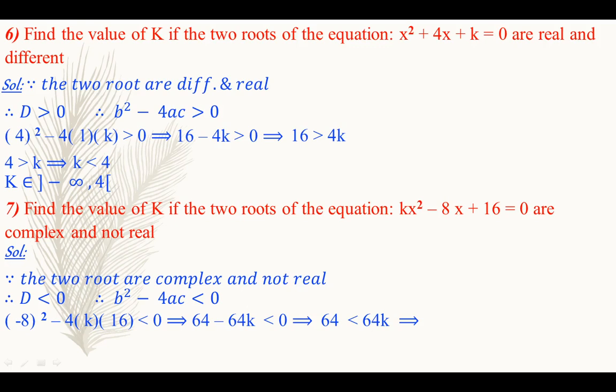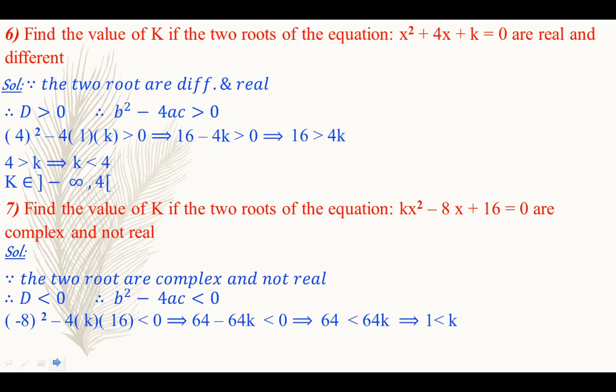Here we want to find the value of k, so we are going to divide both terms of the inequality by 64. Divided by 64, you will find that k is bigger than 1. So k is all the numbers belonging to R which are bigger than 1.